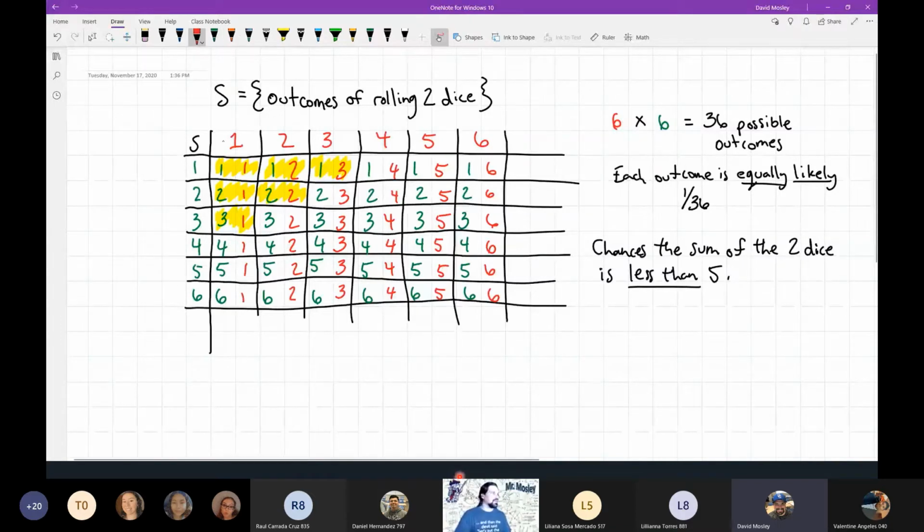So the probability, or the area, so to say, of my sample space, or of my event, as we'll come to know it, is in here. And I have 5 outcomes that satisfy this question. So the chances are 5 out of 36.